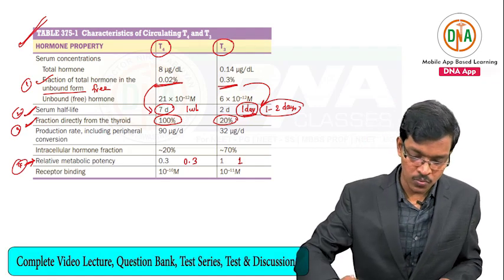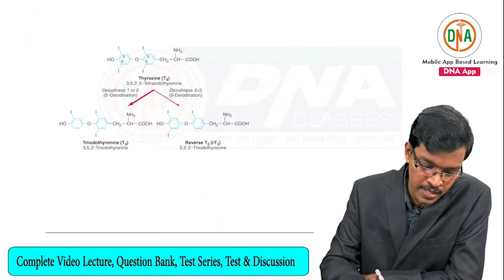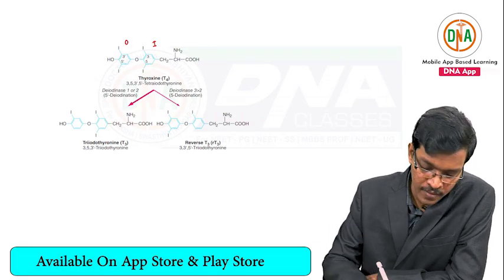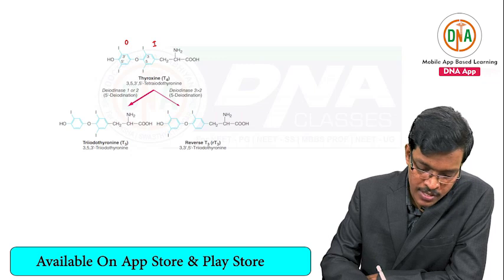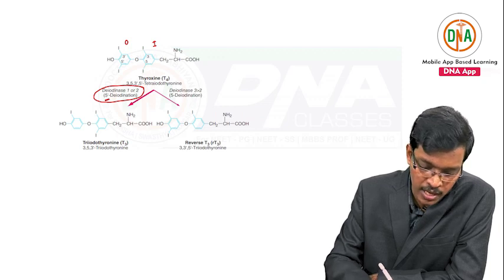Now just see this deiodination also. This is the inner ring and this is the outer ring. Deiodinase 1 and deiodinase 2 do 5' deiodination. This 5' is the outer ring.